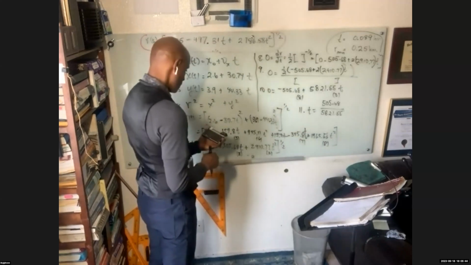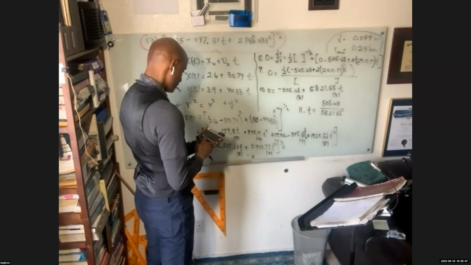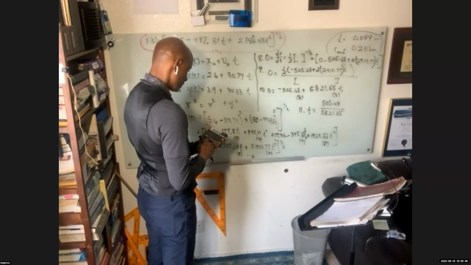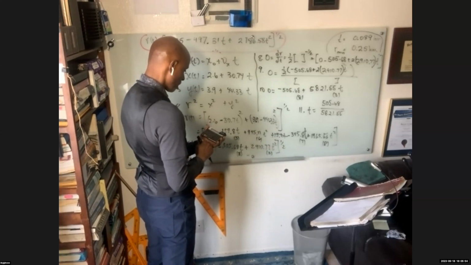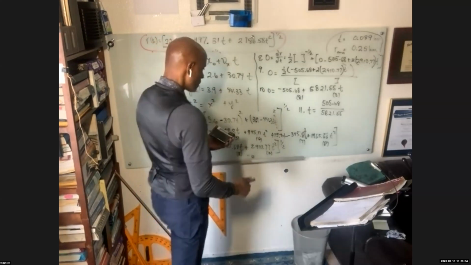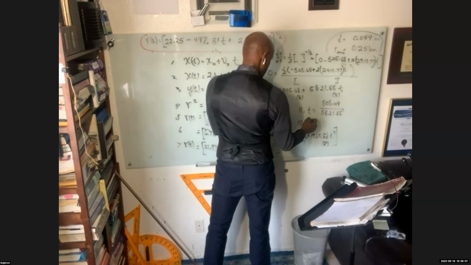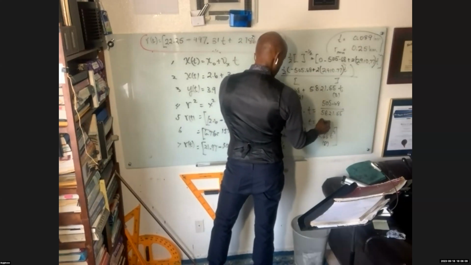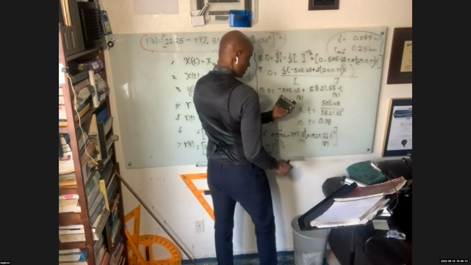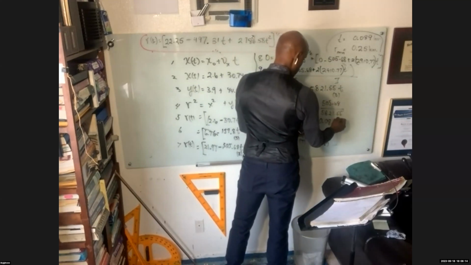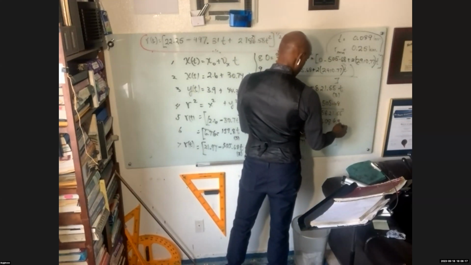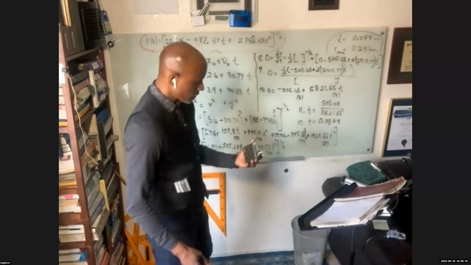So recall 8 and recall 3, and divide. What I get this time is t equal to 0.08669, or 0.08686 is what I get.